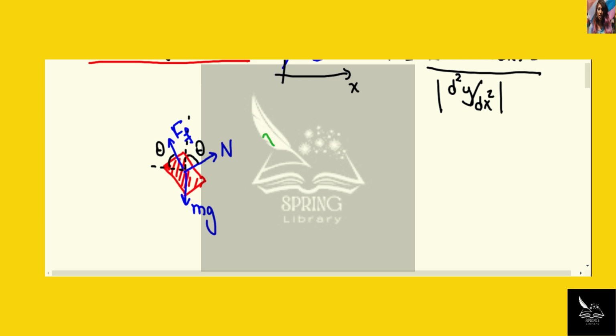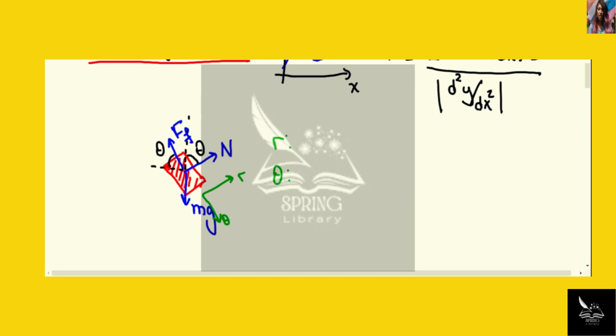Okay, and I'm briefly soon going to find what this angle actually is. But before I do that, I'm going to decompose this force into a component along the r direction, and the r direction is the centripetal direction, so this direction here, and another component along the tangential direction. So notice that the normal force is along the r direction, while the friction force is along the theta direction.